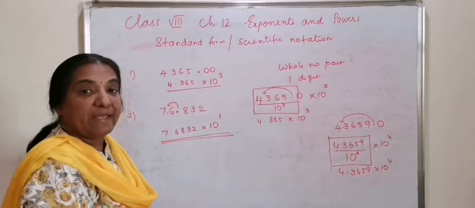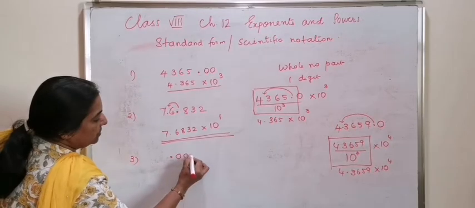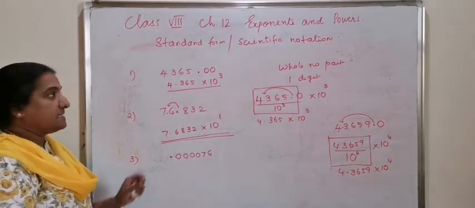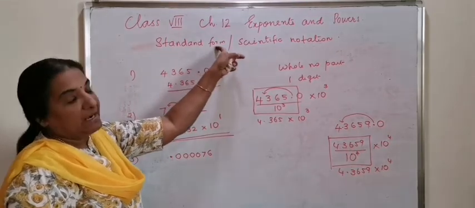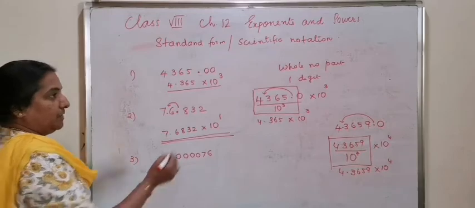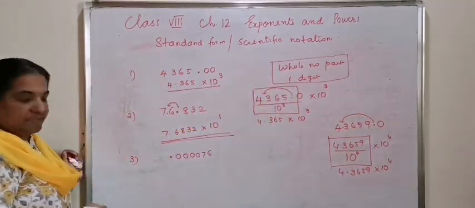Similarly, how do you express 0.000076 as standard form or as a number in the scientific notation? As I told you, the whole number part should have one digit.